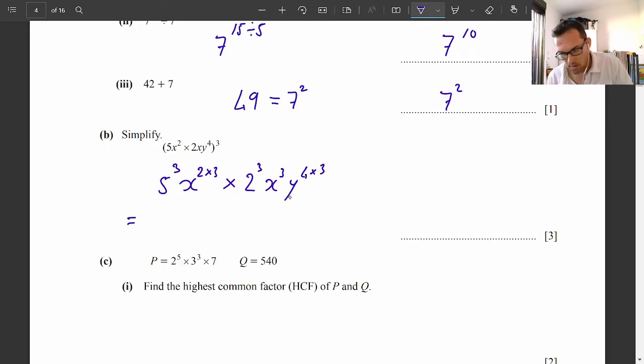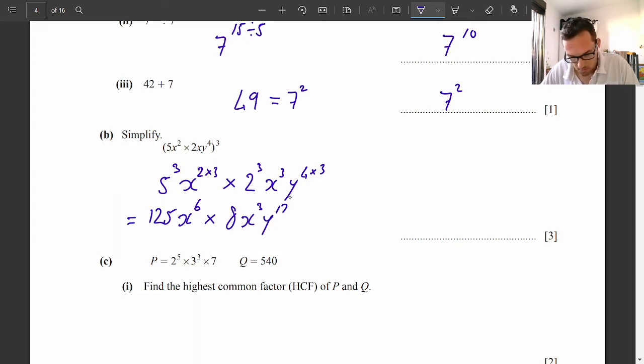So let's do that. 5 times 5 times 5 is what? 125. x to the power of 2 times 3 is x to the power of 6. 2 cubed, 2 times 2 times 2 is 8. x cubed, and y to the power of 4 times 3 is y to the power of 12.